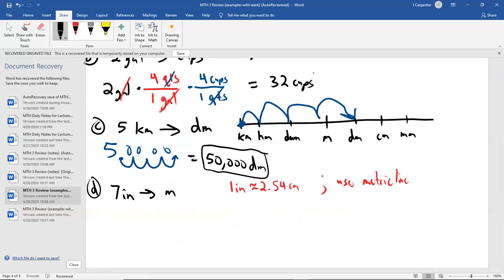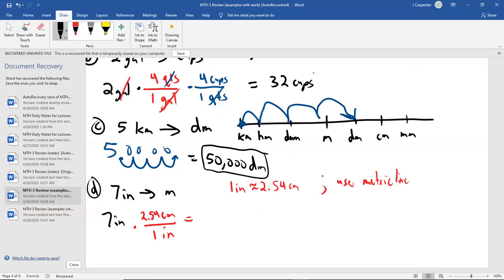So we start with our 7 inches. Sometimes you have to do the metric line, then the multiplier. It depends on the problem. So we're going to multiply by, out with the old, in with the new. We started with inches, so inches go on the bottom, centimeters go on the top. 1 inch is 2.54 centimeters.